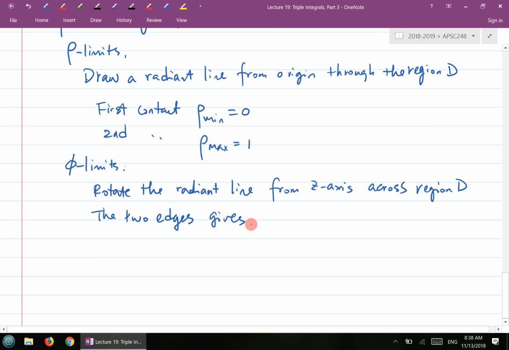The two edges give phi min and phi max. Phi min is pretty easy, and that's 0 degrees because that's starting from the z-axis.